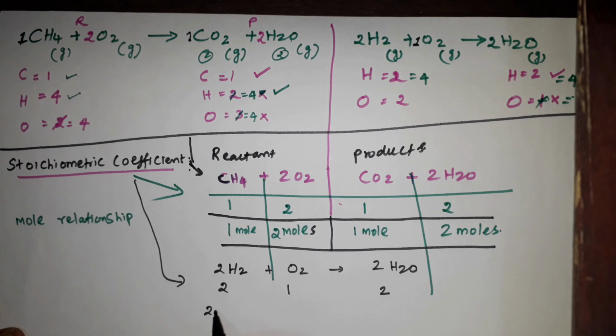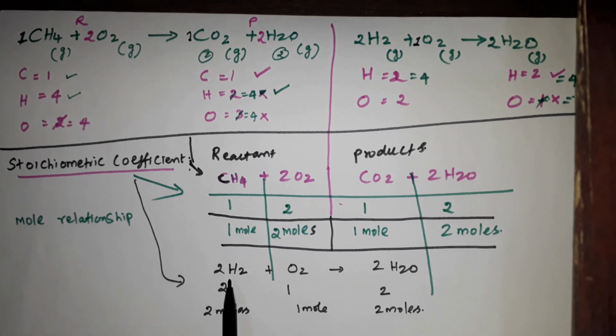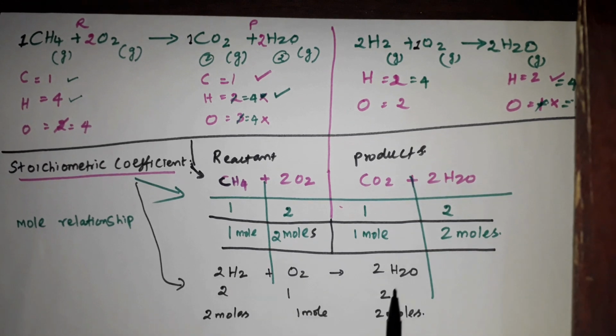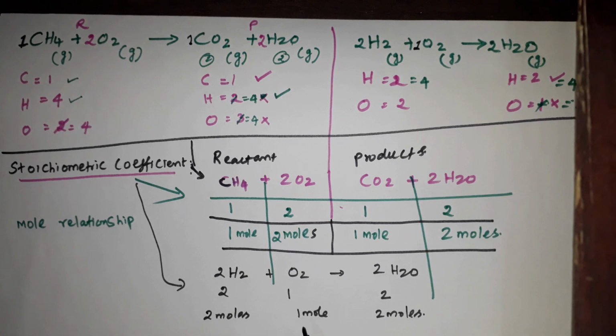There is 2 moles, this is 1 mole and this is 2 moles. Okay, so hydrogen 2 moles, oxygen 1 mole, then water 2 moles. Clear? So this is called stoichiometric calculation, that is mole relationship. We are expressing in terms of moles.